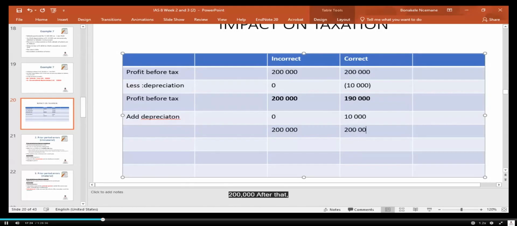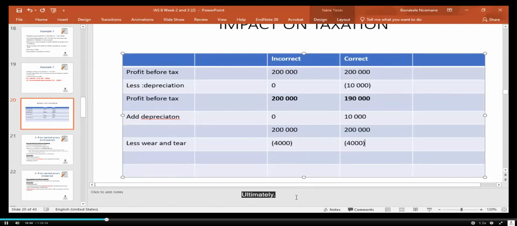After adding depreciation, you would have less wear and tear, which is the allowance from the revenue services, from the fiscus, of 4,000 on both sides.